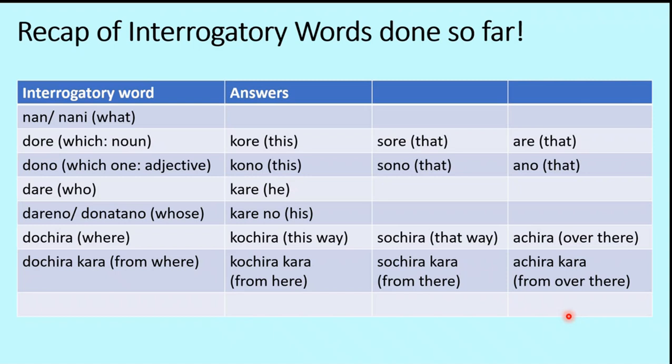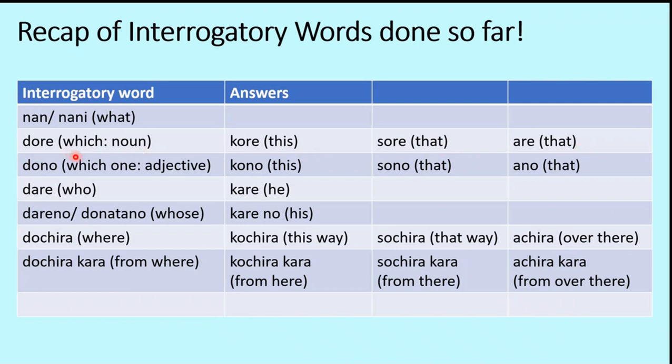So this is the summary of the words that we have already encountered in this series so far. Nan and nani are used to ask what questions. Dore is for which, and the answers may begin with kore, sore, or are, meaning this, that, and that which is at a far away distance.